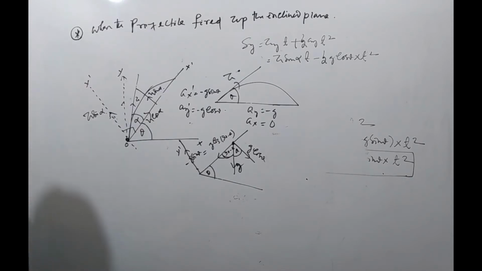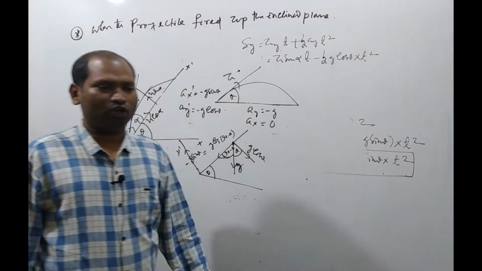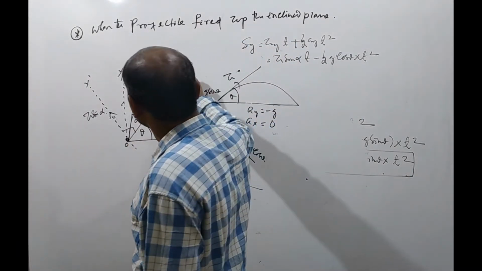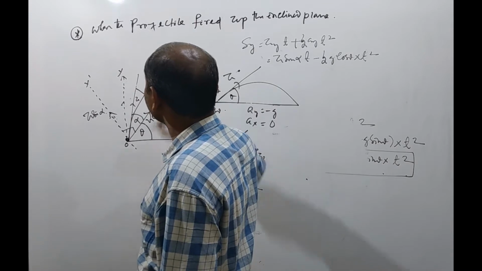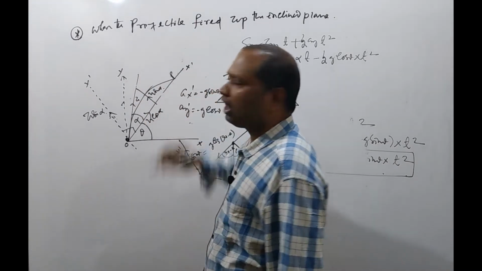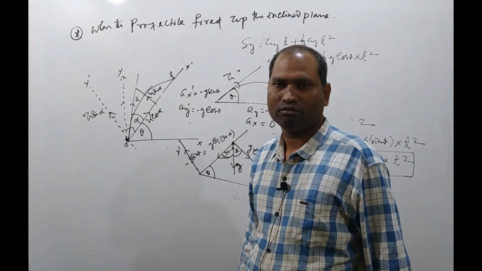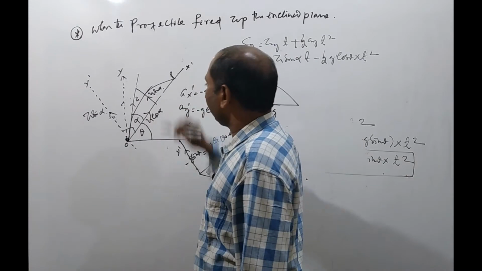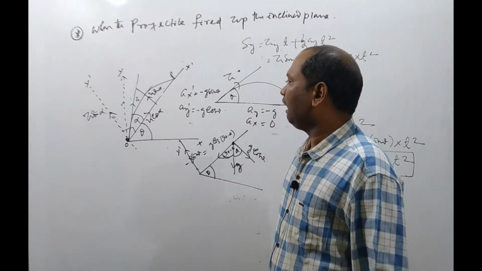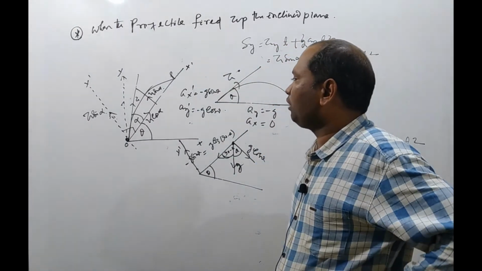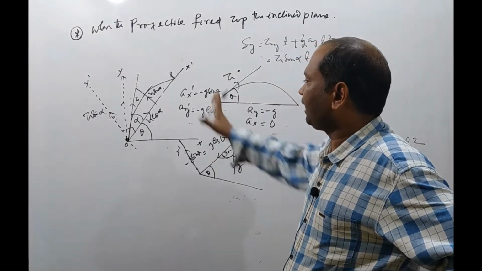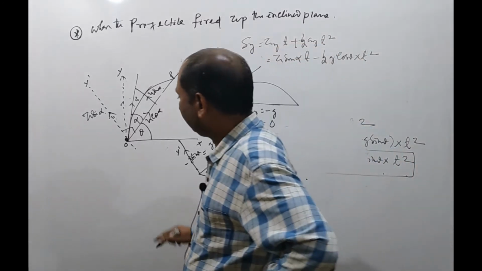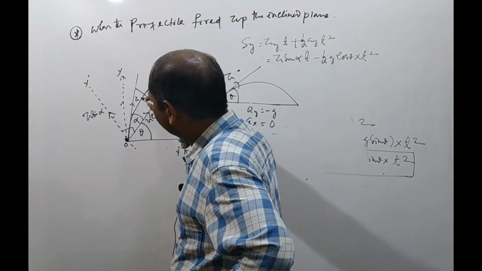Then first of all we have to find the total time of flight of the projectile from O to P. Suppose P be the destination where the body lands on the inclined plane. Then when the body reaches the point P, its vertical displacement with respect to the inclined plane will be 0.